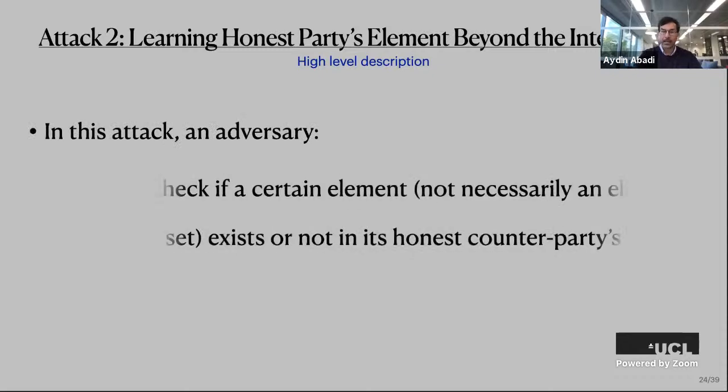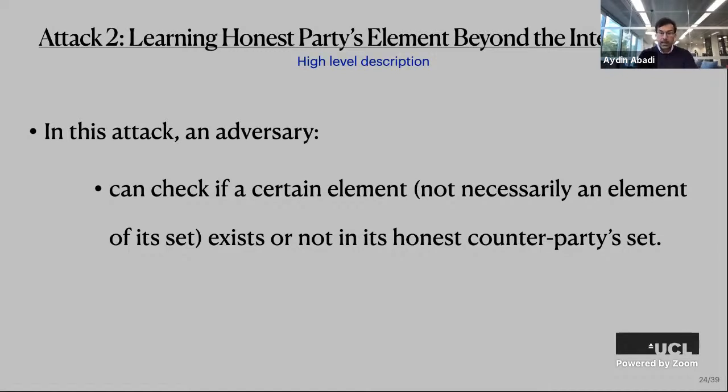So let's move on to attack 2. In this attack, a malicious party in the PSI exploits a flaw in the sub-protocol used by the PSI. I'll explain what the sub-protocol is and why it is used.